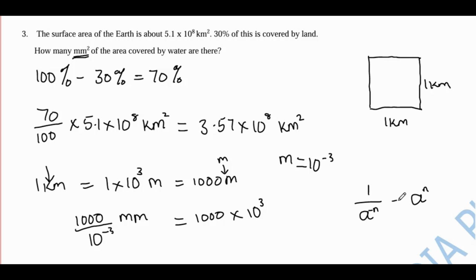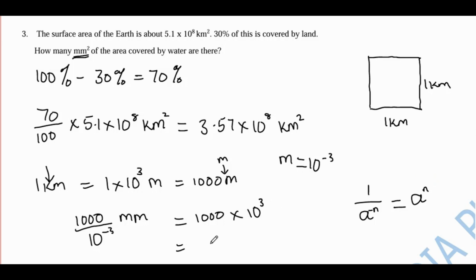So this is equivalent to this way. That's why I changed the sign of the index here, which was negative, to positive, and then I did the reciprocal, because the reciprocal of this becomes a power negative n. But now we have to change the sign of the index, which becomes 10 raised to power 3.